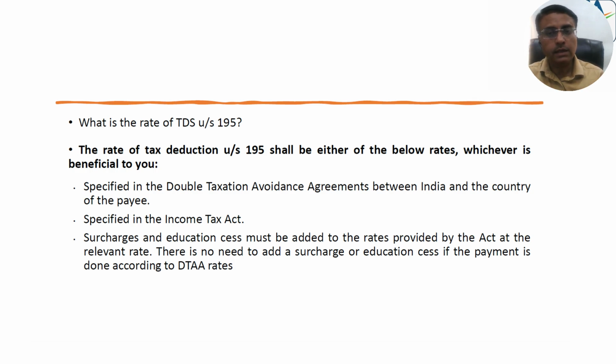Normally, surcharge and cess are add-ons to the income tax rate only, not to the double taxation avoidance agreement. Suppose the royalty tax rate is 20% as per the Income Tax Act. With cess, the effective tax rate is 20.8%. But if the DTAA says the tax rate is 10%, then no surcharge and no education cess is added.